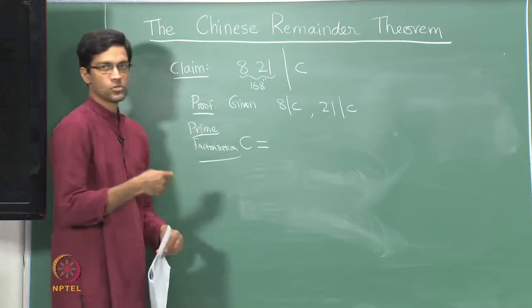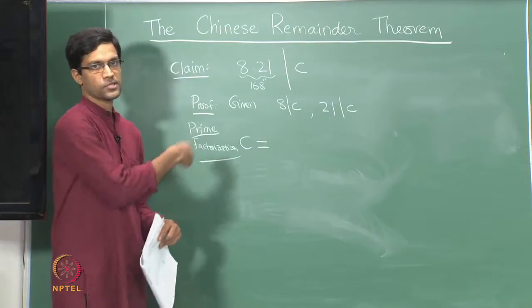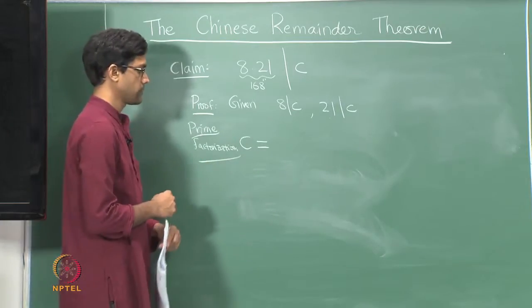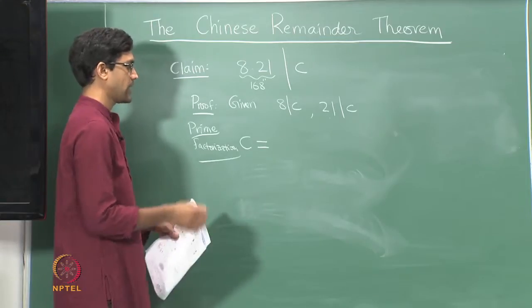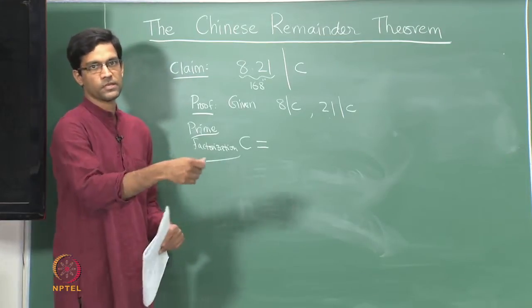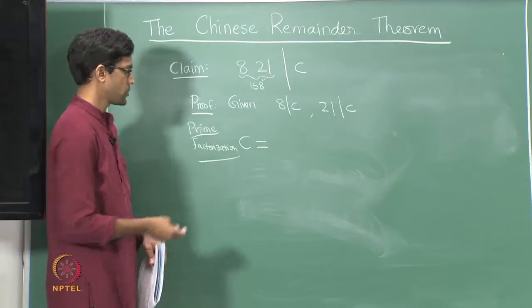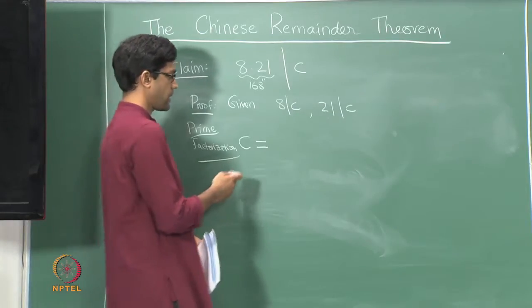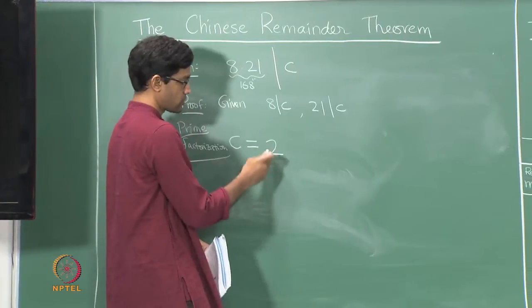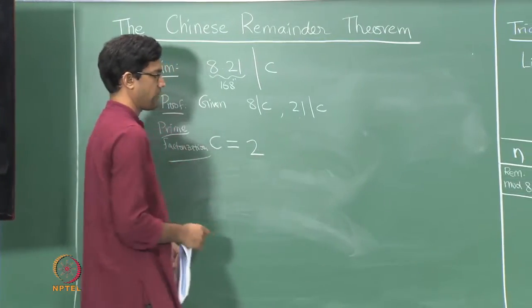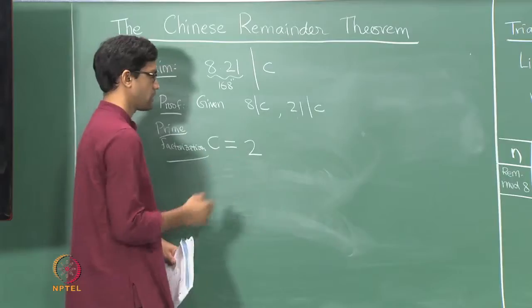What does prime factorization mean? It can be written as a product of various prime numbers. An alternate way of expressing the same thing is to write C as a product of powers of the various distinct primes. This is probably more familiar. What are the various primes involved? 2, 3, 5, 7, 11 and so on are the initial primes.